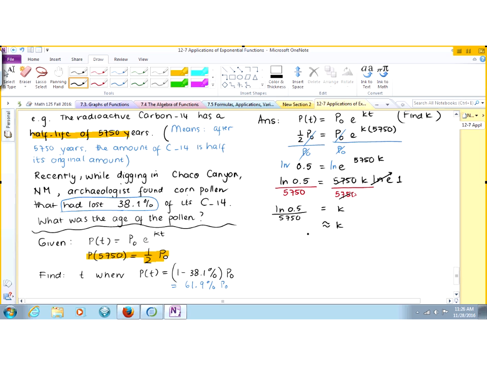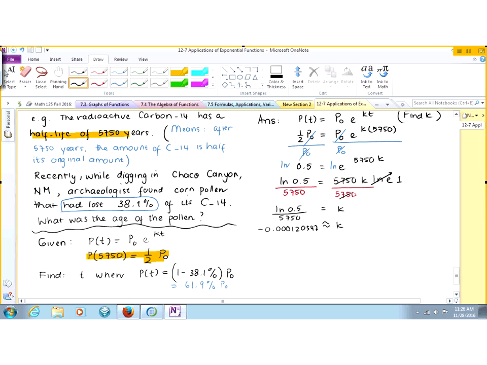But here you cannot just cut it. You have to get the whole decimal as much as possible. So ln 0.5 divided by 5750, that is negative 0.000120.